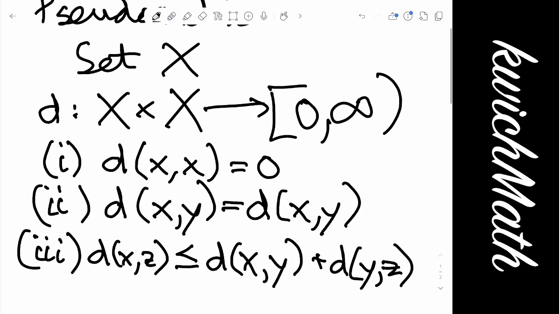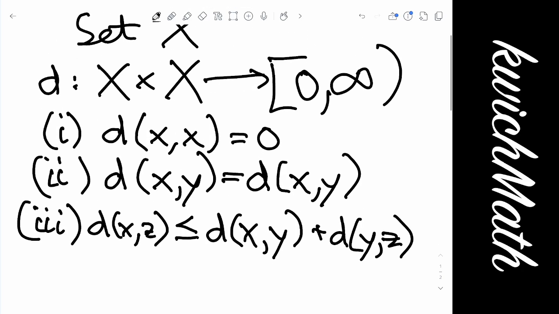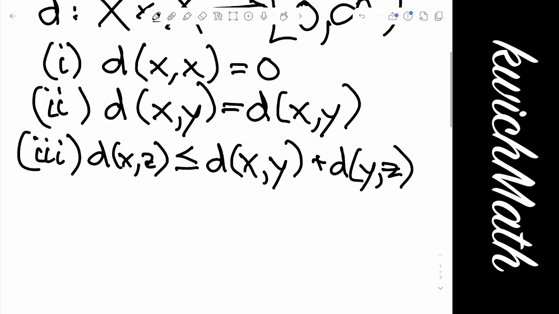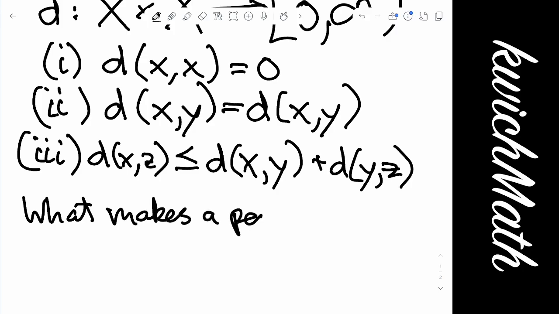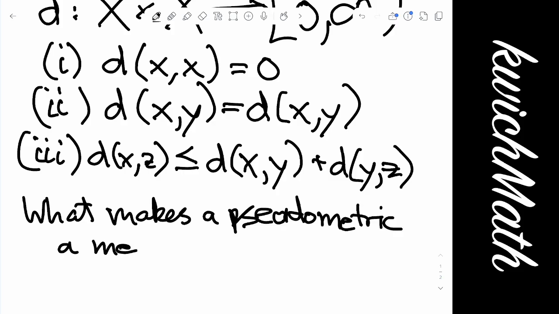All right. You've probably seen a metric space before, and if you have, you'll notice there's one thing missing, right? What makes a pseudometric a metric?